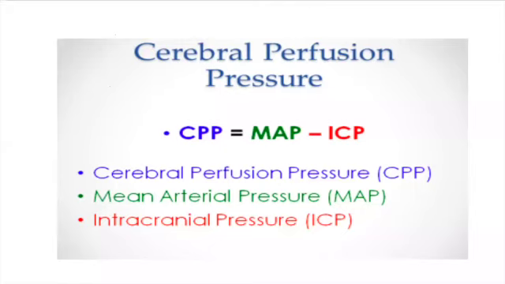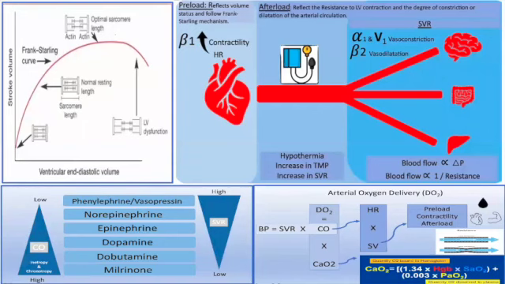Low blood pressure is a very bad sign in a patient with traumatic brain injury. So our target will be a normal to higher normal blood pressure to maintain adequate cerebral perfusion pressure, to try to limit any further damage to the brain.